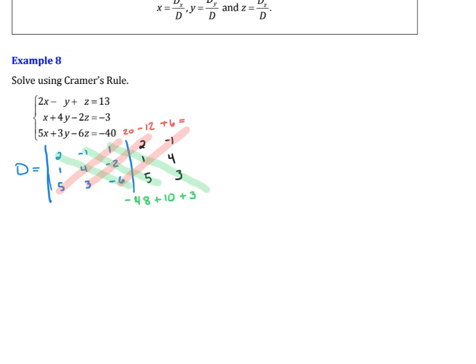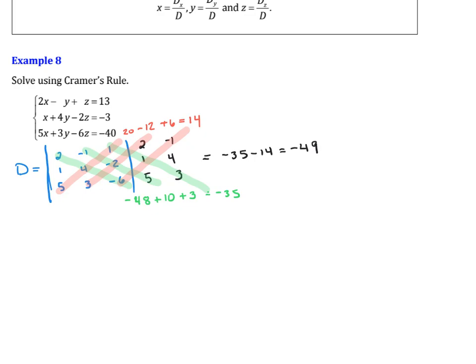So we obtain 20 minus 12 plus 6, which is going to be 14. So now this means that D, oh, I didn't actually add those down there, negative 48 plus 13, that's negative 35. So negative 35 minus 14 is negative 49.